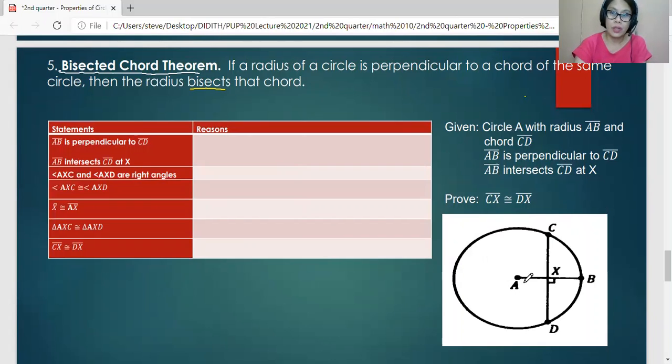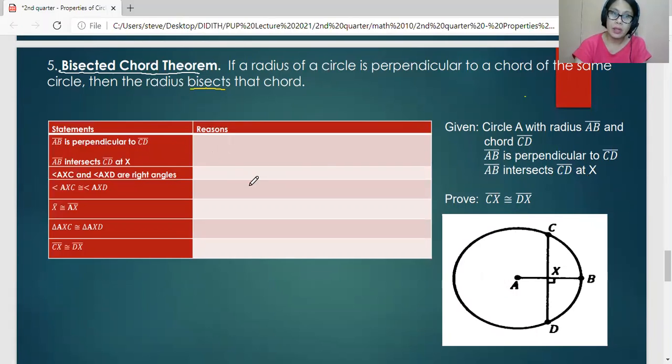So this is the radius and this is the chord, and the two are perpendicular. Given circle A with radius AB, AB is perpendicular to CD, and AB intersects CD at X.